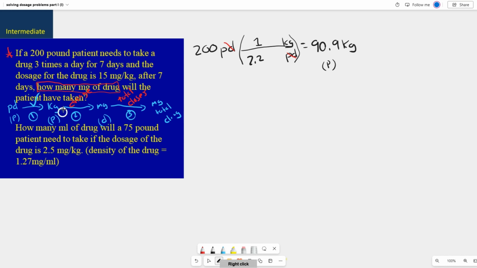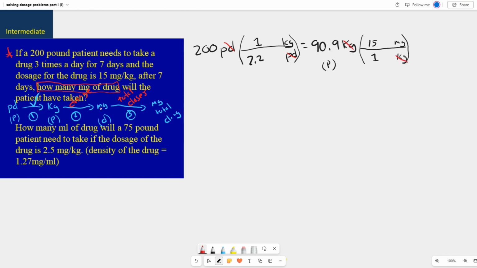Now in step 2, we're going to take the person's mass in kilograms, use the dosage, and convert it to mass of drug in milligrams. So we get the dosage, put kilograms on the bottom because we want it to cancel out, and milligrams on the top because that's what we want to end up with. The dosage is 15 milligrams of drug for every 1 kilogram of our patient.